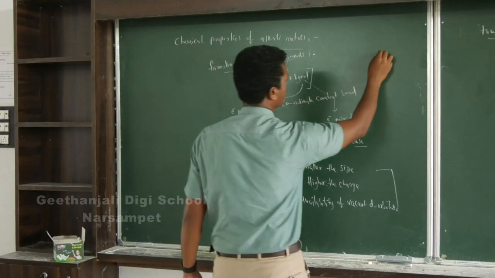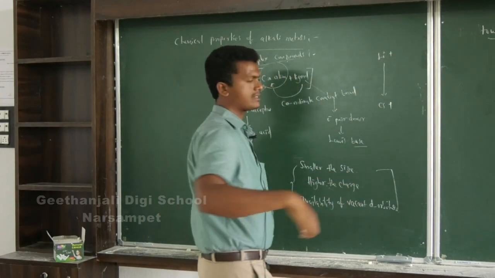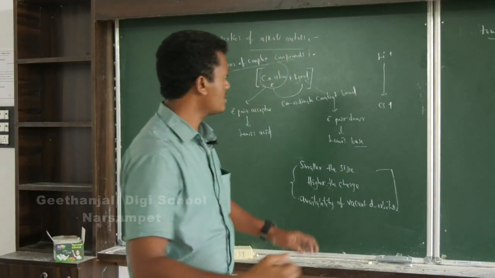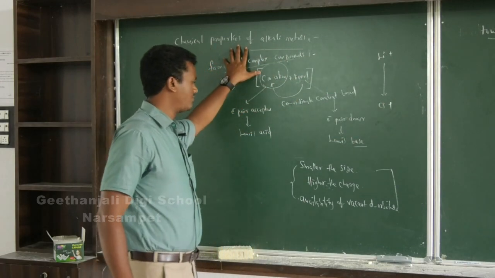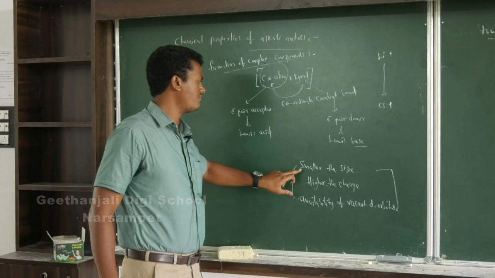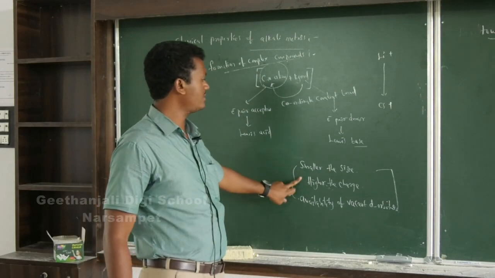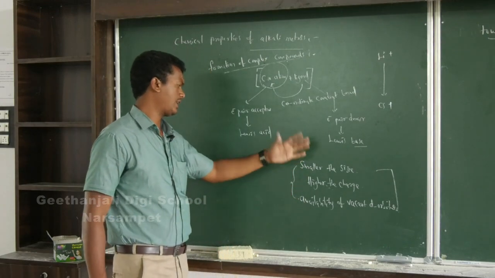From Li+ to Cs+, the ionic size increases. Due to the increase in ionic size, the capacity to form complex compounds decreases, because one of the factors which decides the formation of complex compounds is a smaller metal ion size.